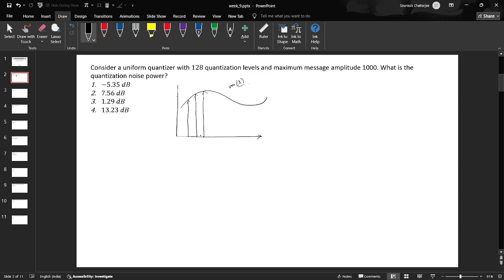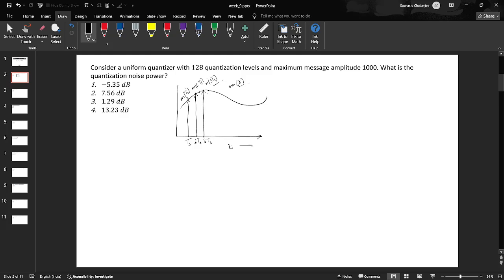So here we are going to sample every Ts instant: Ts, 2Ts, 3Ts, if I consider x to be the time axis, and we are going to get these samples which I am marking in black circles. For example, this is m(Ts), this is m(2Ts), this is m(3Ts). So this is the sampling part.